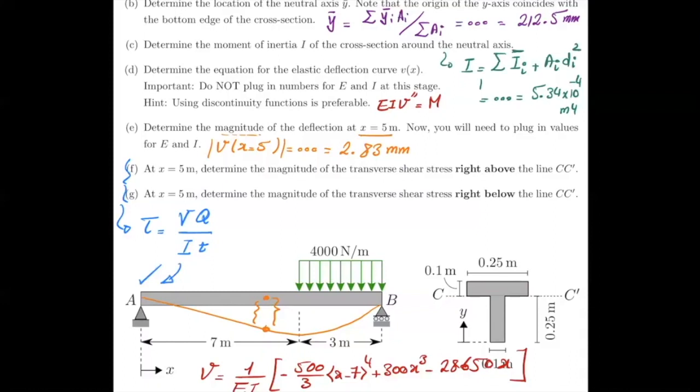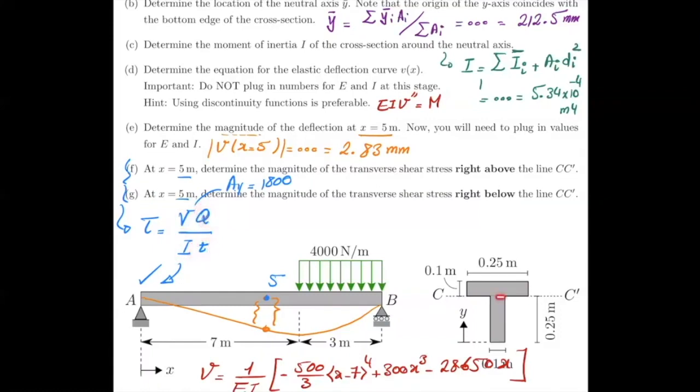What you need is the shear force. And at x equals 5, it's here. The shear force is exactly the same as AY, so it's 1800. So you have shear force, you have moment of inertia, thickness and Q are remaining.